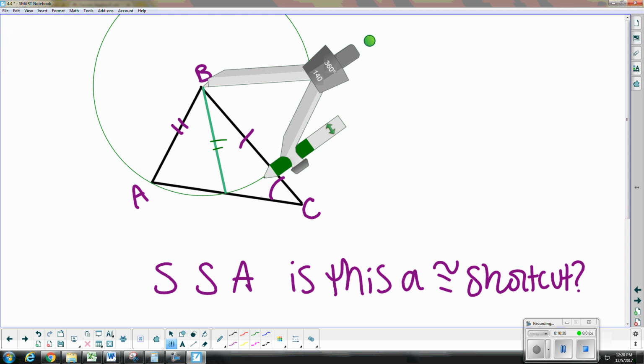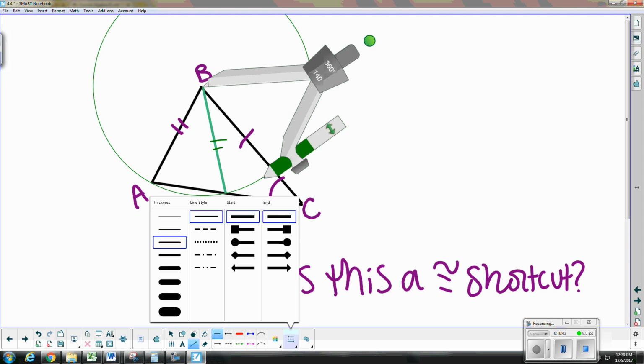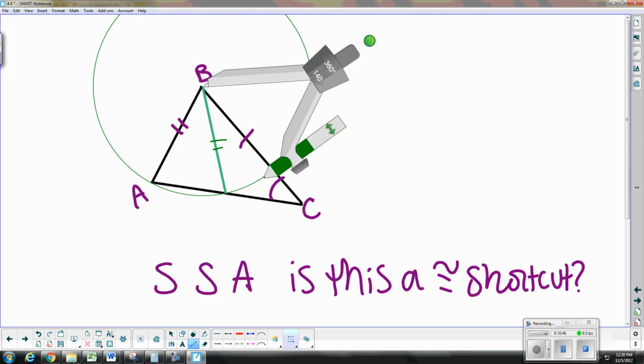So if I were to draw these triangles again, just so you can kind of see, I could have this triangle, B, A, C, that looks like this.